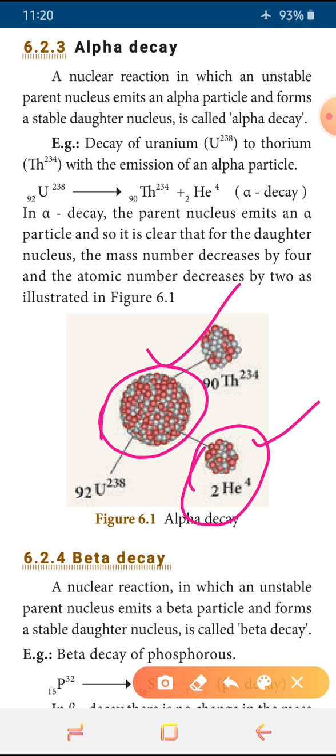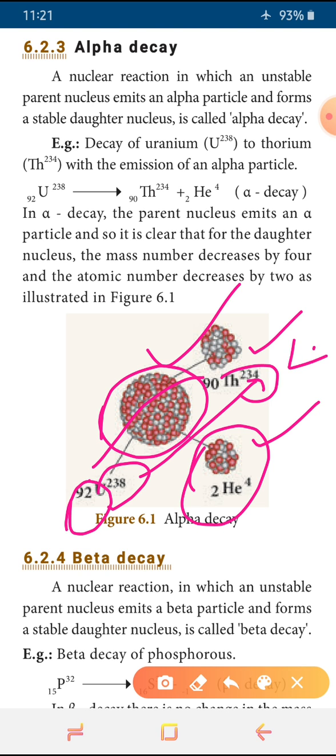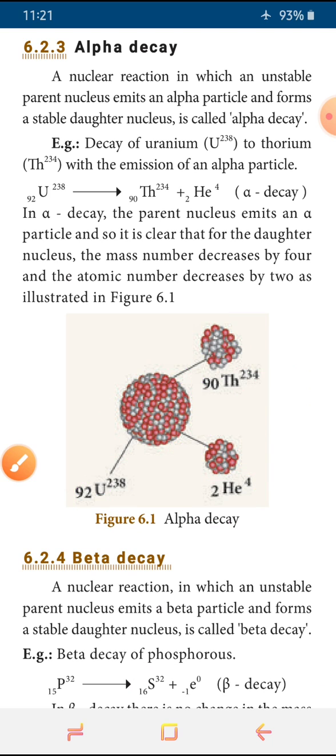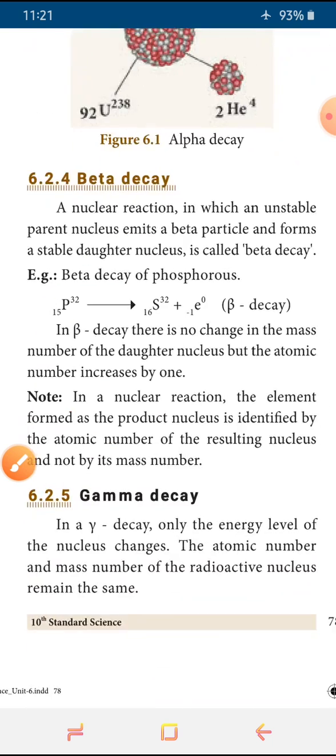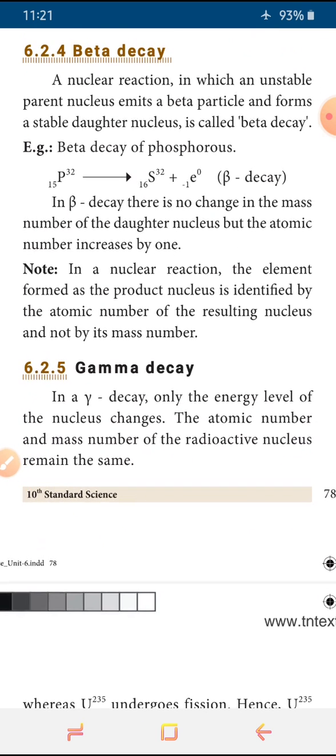The rest is 90Th234. The atomic number changed from 92 to 90, and 238 became 234. The reduction of mass number 4 and atomic number 2 is converted as helium. This decay is called alpha decay. Have you understood, children? Yes, good.